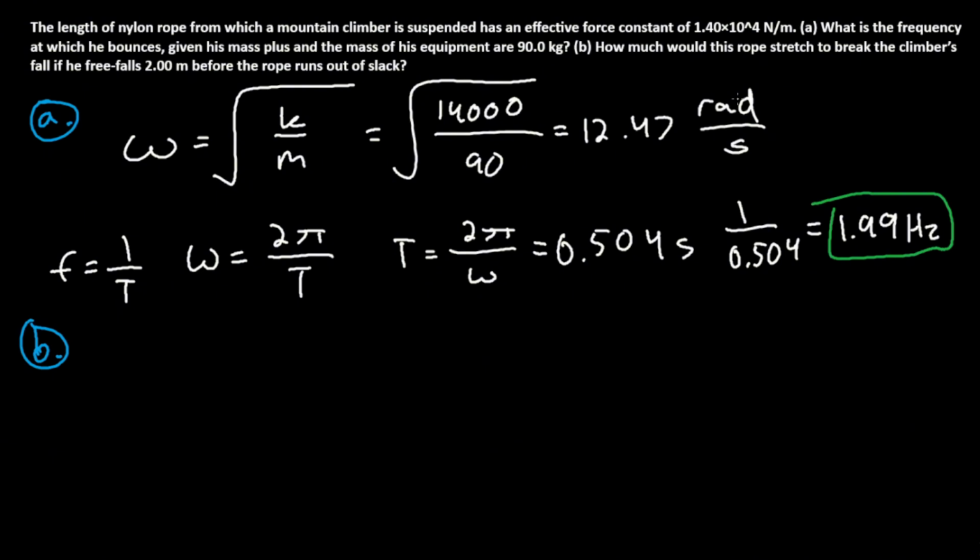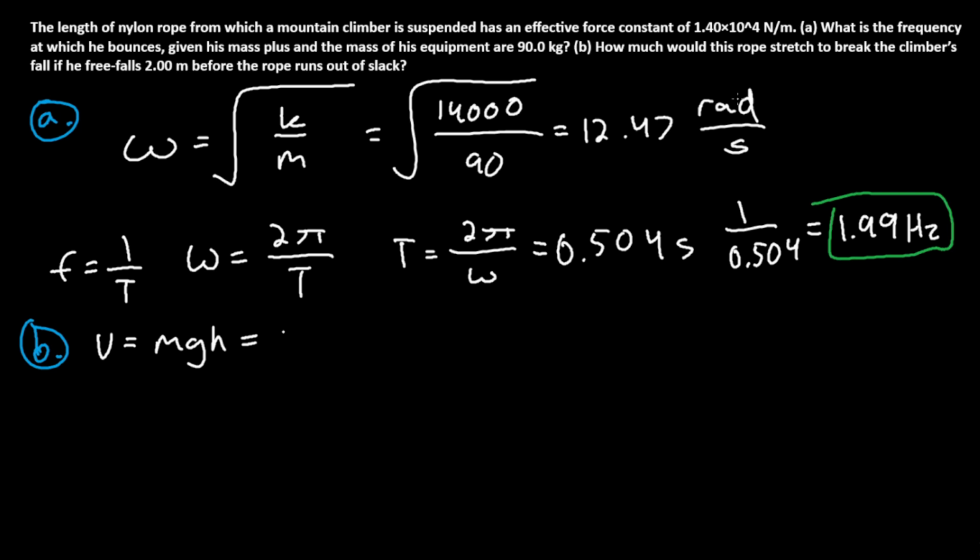Well, if he fell down 2 meters, he had some gravitational potential energy. So how do you calculate your gravitational potential energy? Mass times gravity times height. And some of it turned to kinetic energy within these 2 meters. And we can calculate that based on your potential energy if you set the point in which the rope is fully stretched out to be your y equals 0, or ground point.